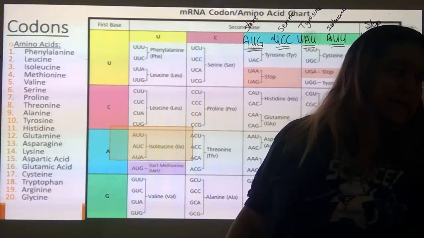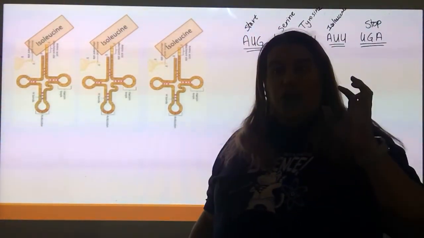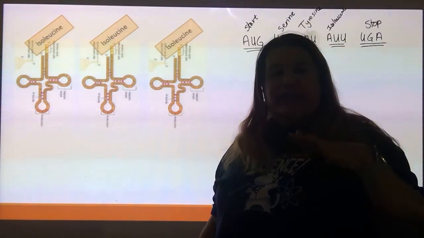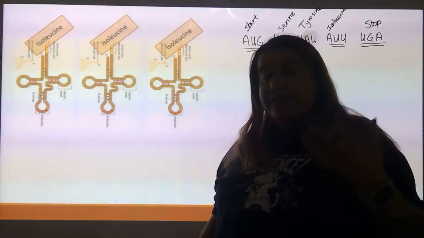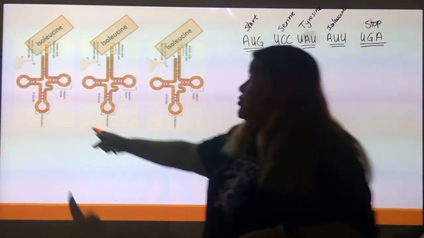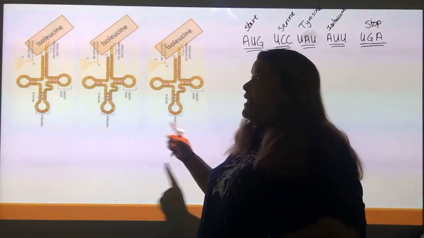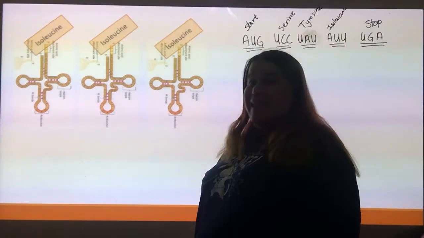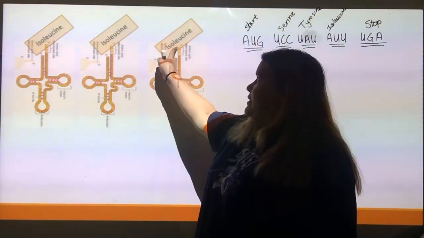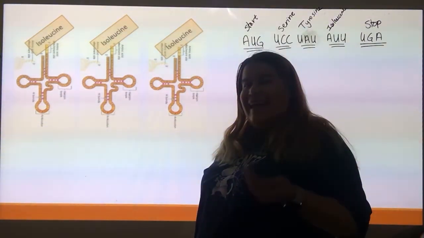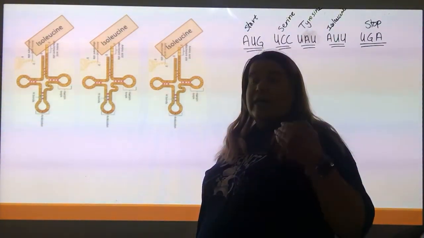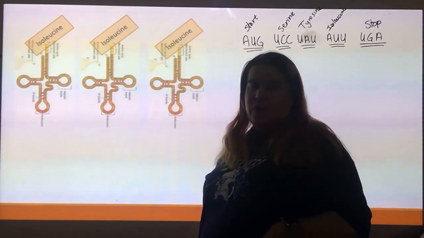That means that I need to have 3 different tRNAs, one for each code that specifically carry isoleucine. So if you look at these 3 tRNAs, every single one of them carries isoleucine. That's the amino acid that's sitting on the opposite end. The anticodon is the complement to the codon.